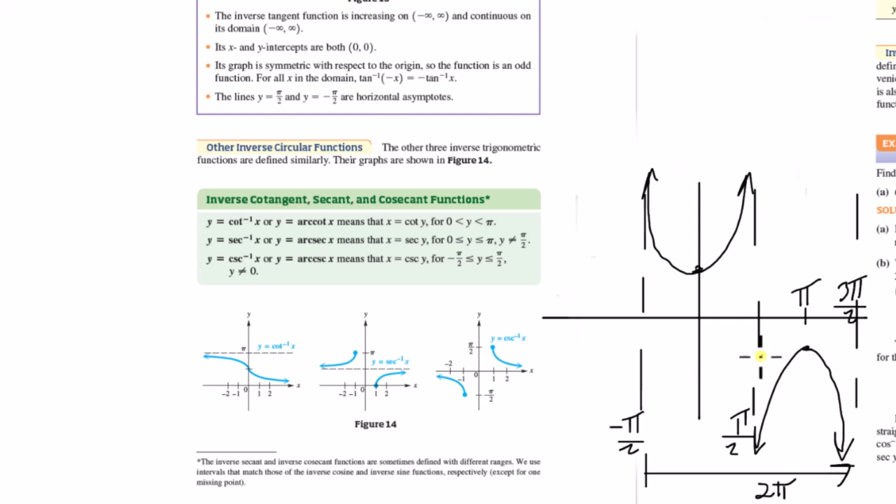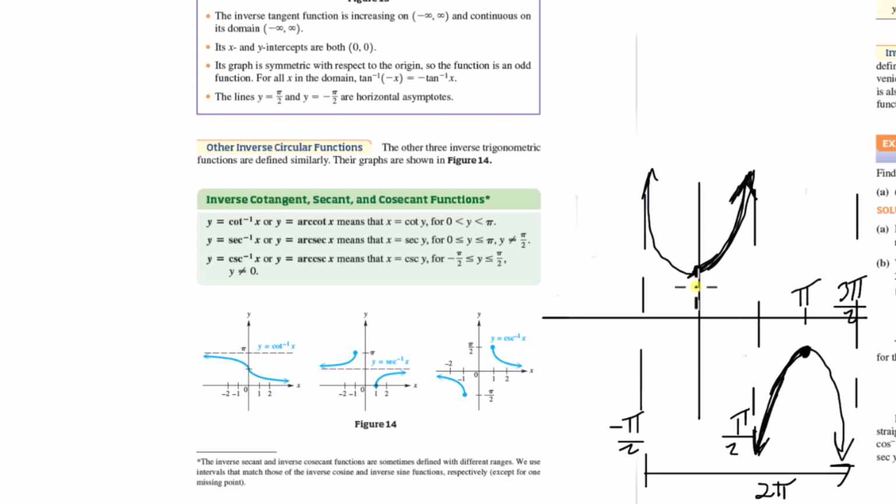So what encompasses the full range of secant? Well, we could go from 0 to pi over 2, and then from pi over 2 to pi. The range of secant is 1 to infinity as well as minus 1 to negative infinity.